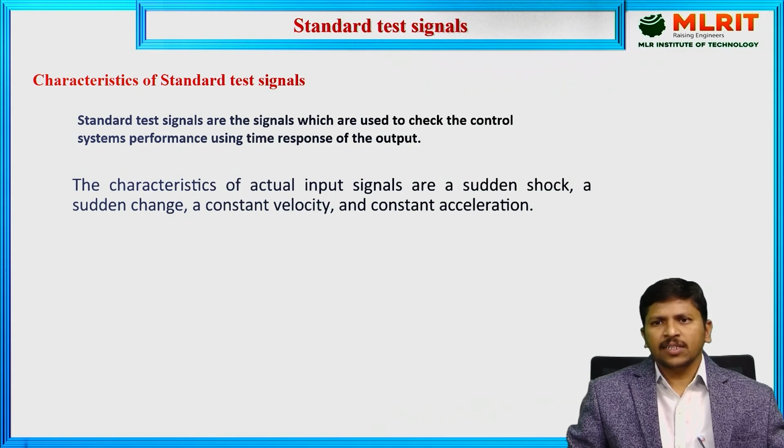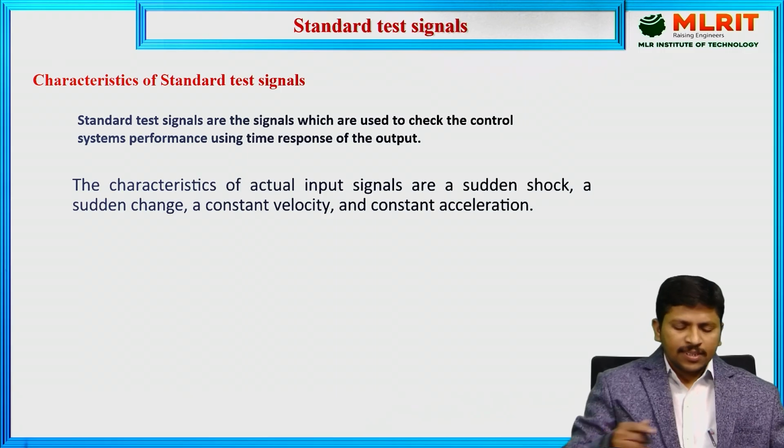We apply a test signal to the particular system and observe what the output is, how it performs, and how it gives accurate outputs. We observe all this by applying a test signal to the system, right?